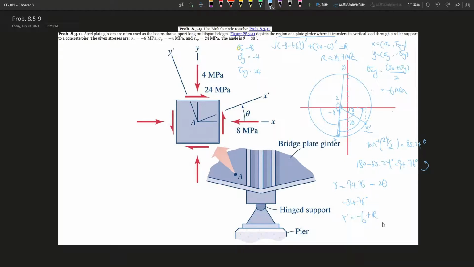Because if we just use r times cosine of gamma, it's just going to give us from here to here, because this is what r is. The r is a distance, but the starting position is a vector. It started -6 to the left, but if it's distance, it just gives you the distance of this, right?